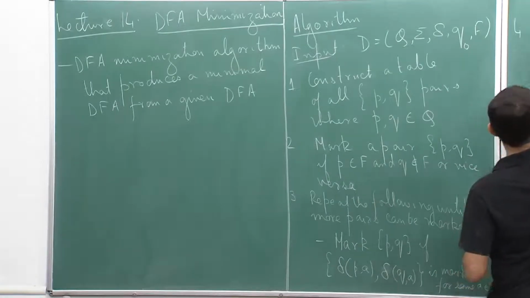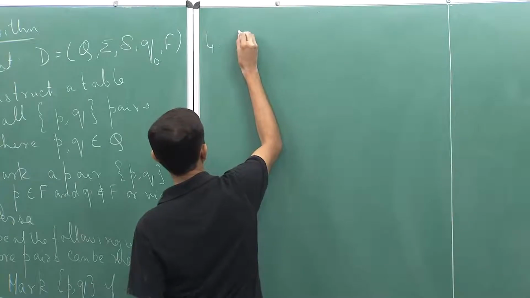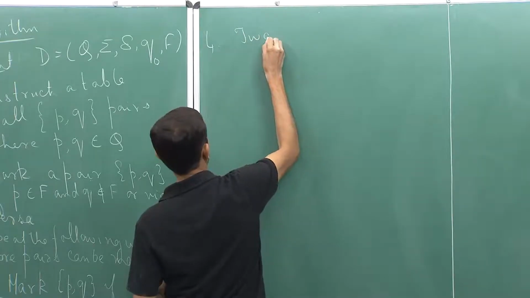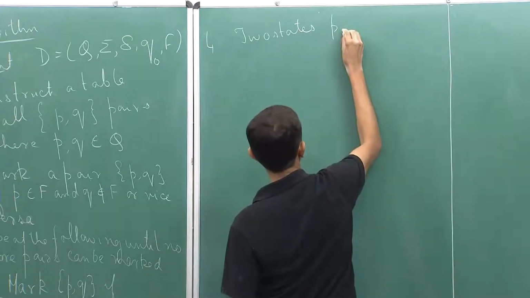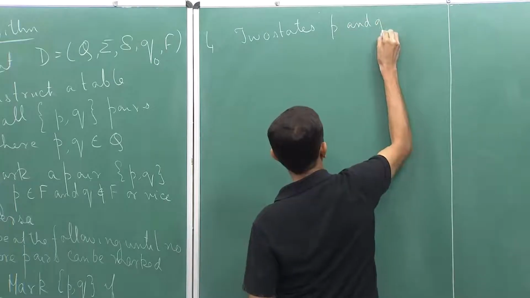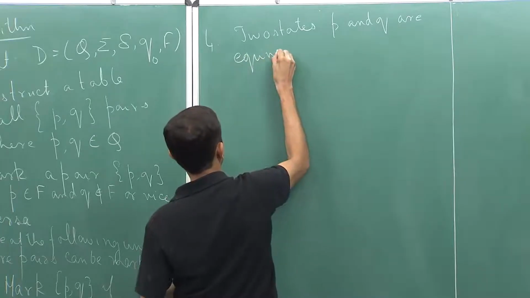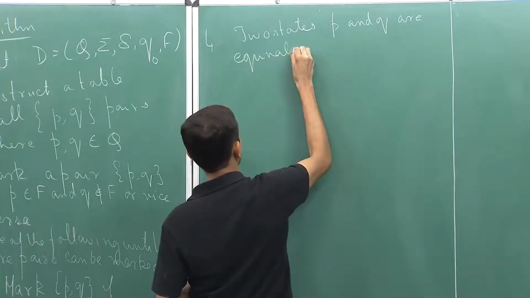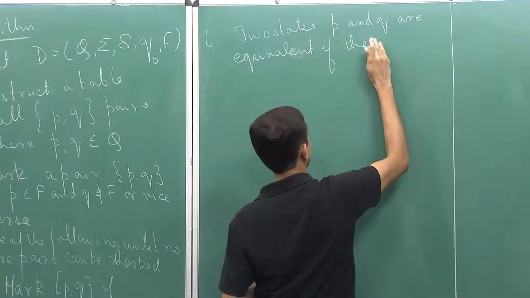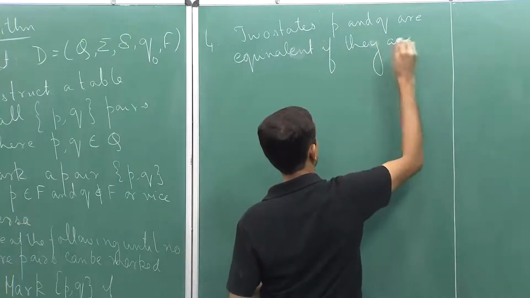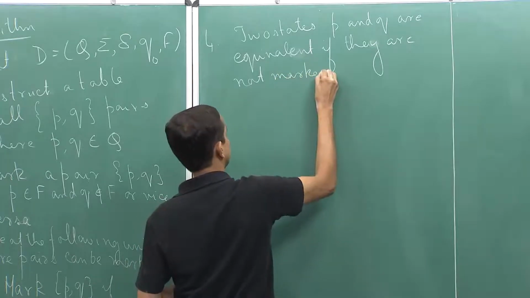So at the end, two states p and q are equivalent if they are not marked.